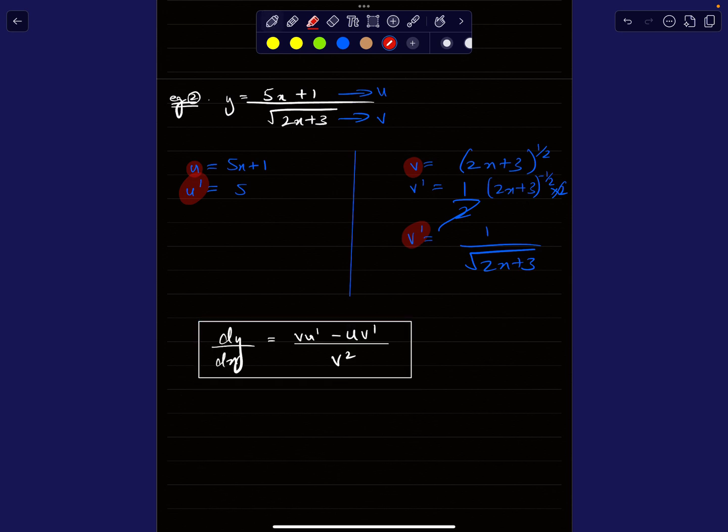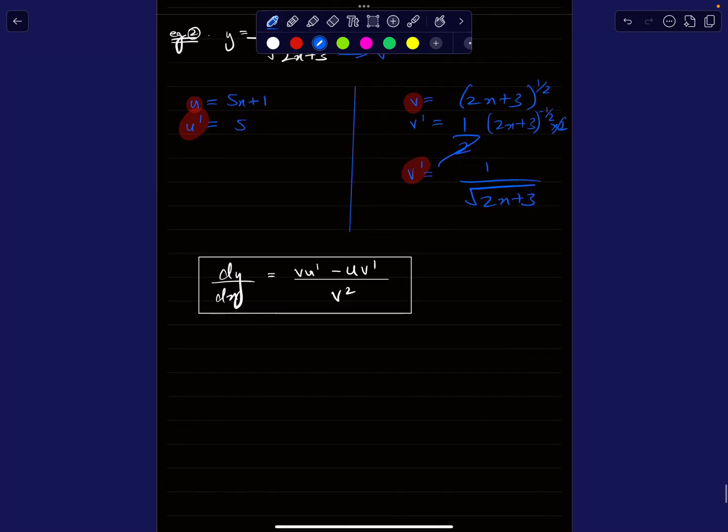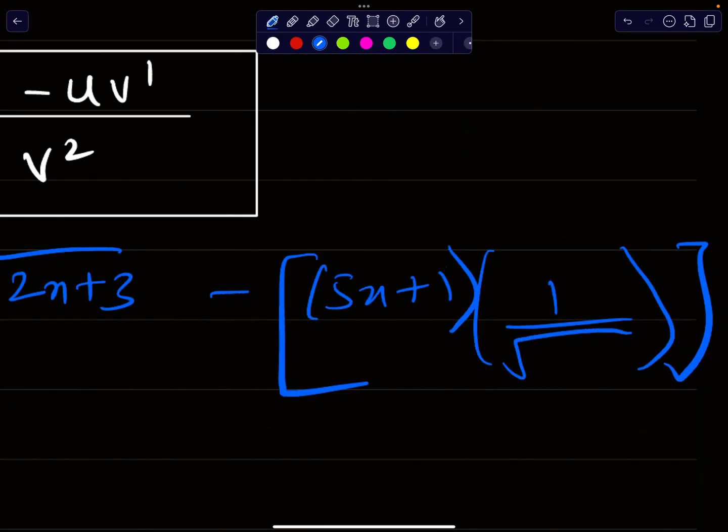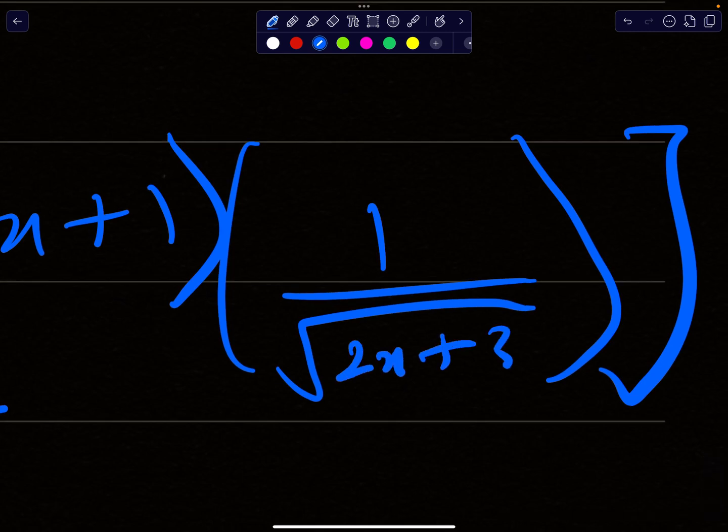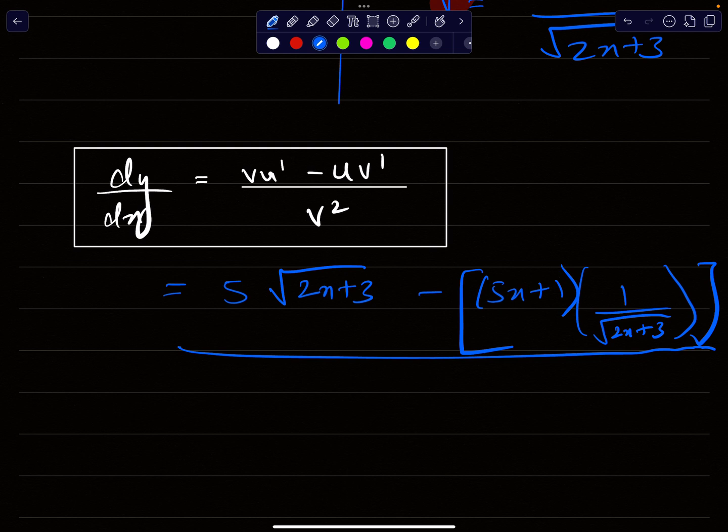Substitute these values in the formula for the quotient rule, and thus I have this. We have a minus sign, 5x plus 1 is u, and v prime is 1 over root 2x plus 3, over v square.